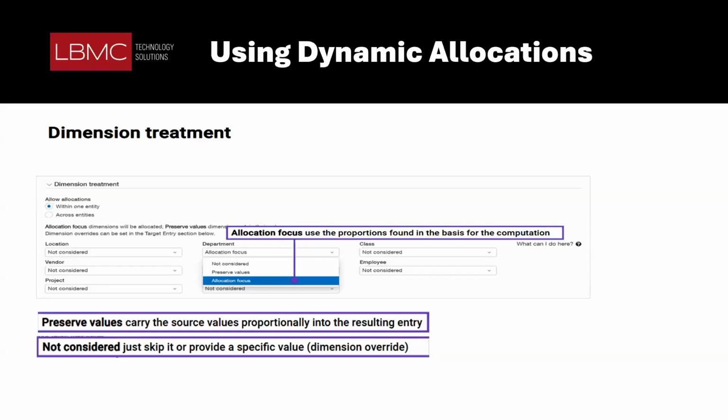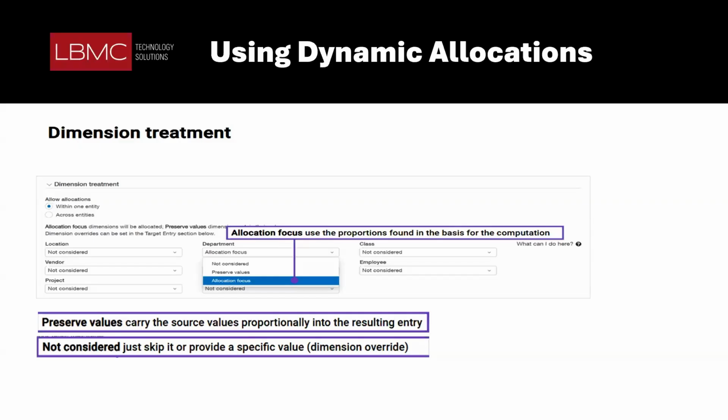Now, within each drop down, you have your allocation focus where you can use the portion found in the basis for your computation. You can also preserve values and carry those sources proportionally into the resulting entry or not consider them. And as I discussed, that just means to skip or provide another specific value dimension override.